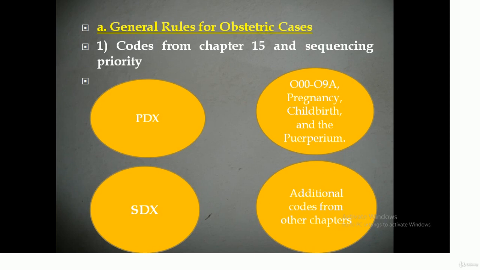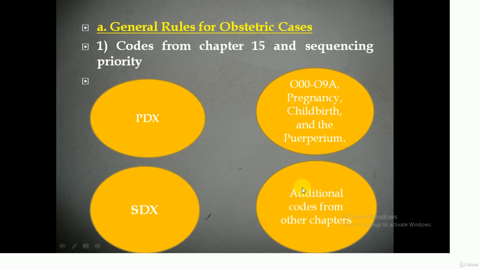In the place of dehydration, first we have to code the O series, that is, the ICD series O00-O9A, pregnancy, childbirth and the puerperium. So first, as the principal diagnosis, we have to code the O series, and then secondary we have to code the additional codes from other chapters, whatever the diagnosis is.